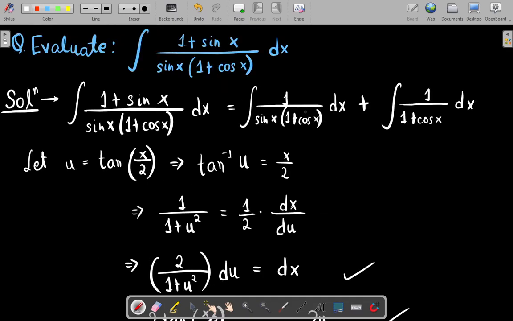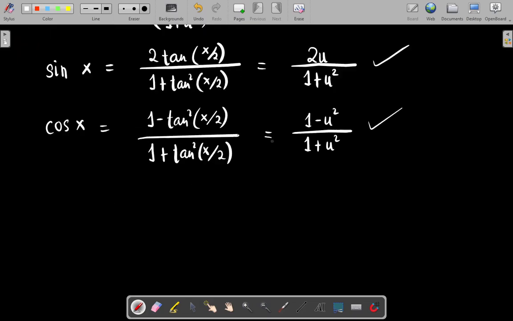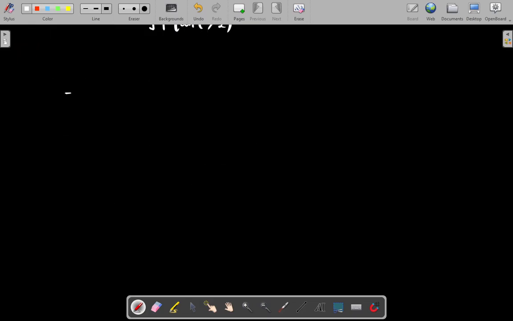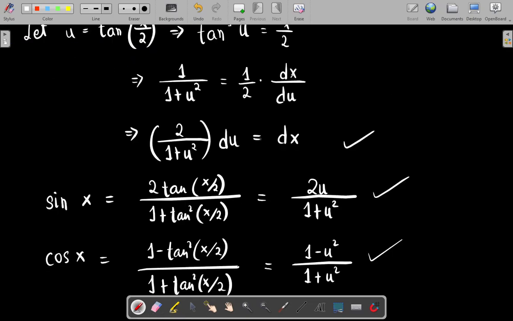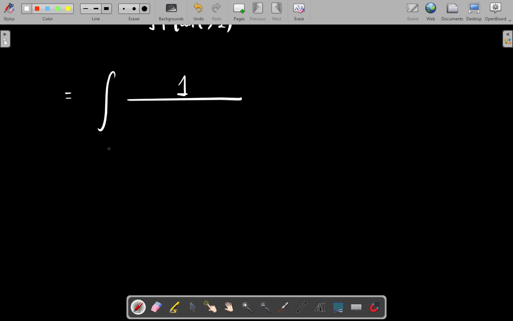So this first integral now becomes equal to 1 upon, we have sin x in the denominator. So sin x is 2u upon 1 plus u square.